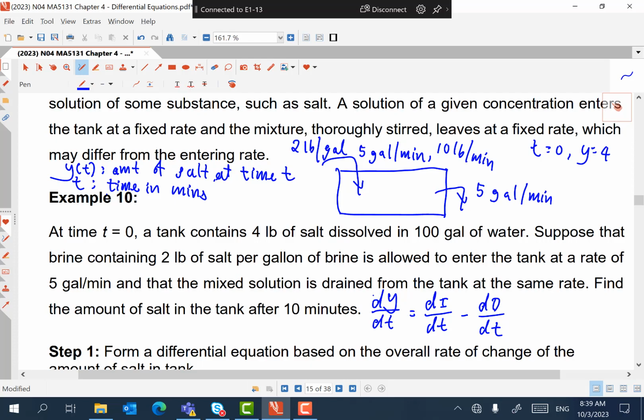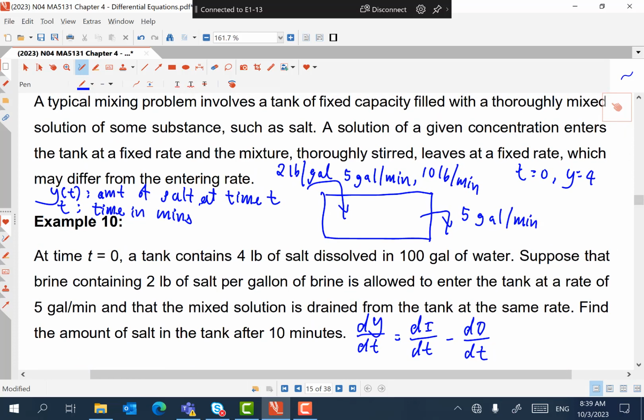So without looking at the scaffolding below, at this point I want to impress on you that this question is hard because it has a mixture of incremental rate and decremental rate. It's harder than what you think. The incremental rate is quite easy.